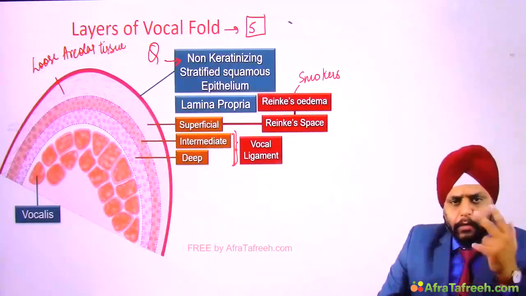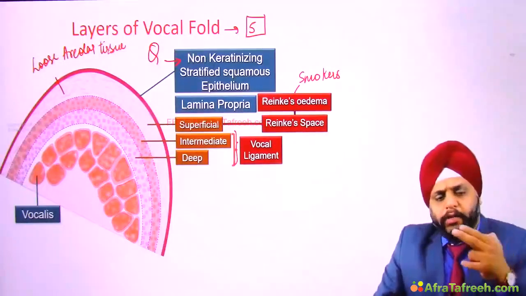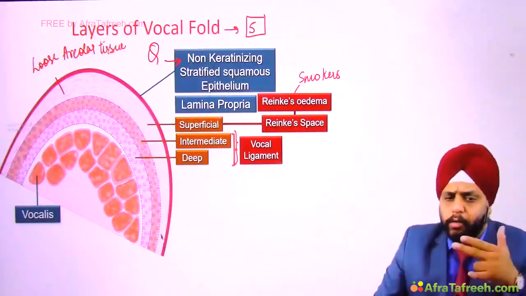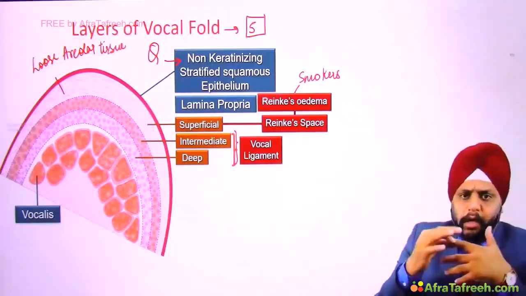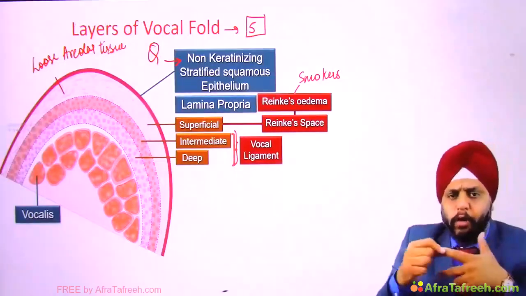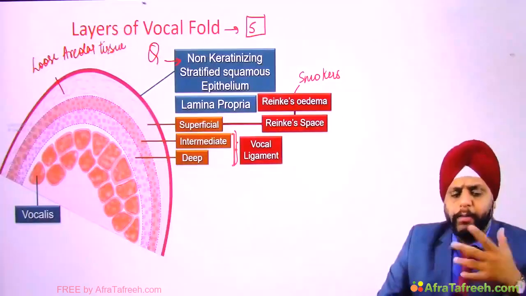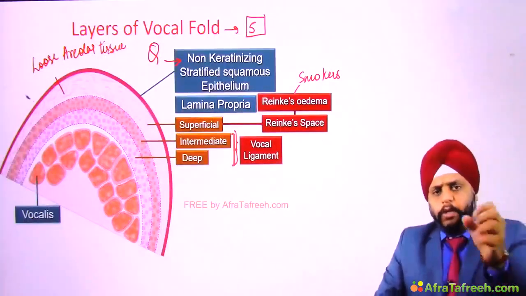Now, a smoker holds the cigarette like this, with the index finger, thumb, middle finger. So Reinke's edema, look at the index finger. Reinke's edema is more common in smokers, so it affects the index finger. Then you see the maximum strength. Suppose you have to grip something.